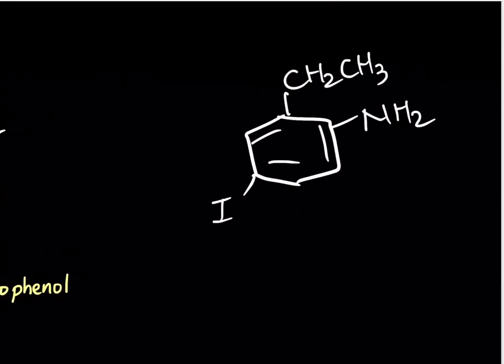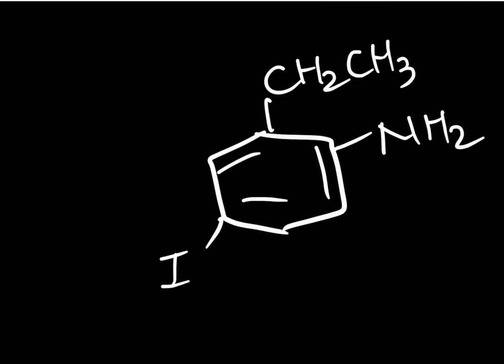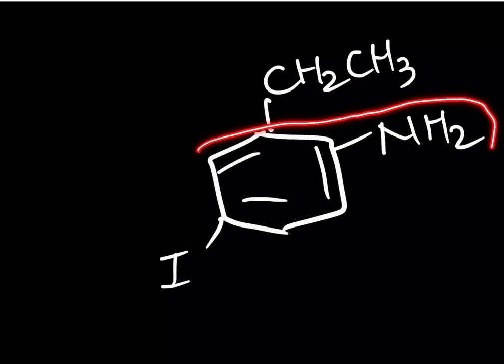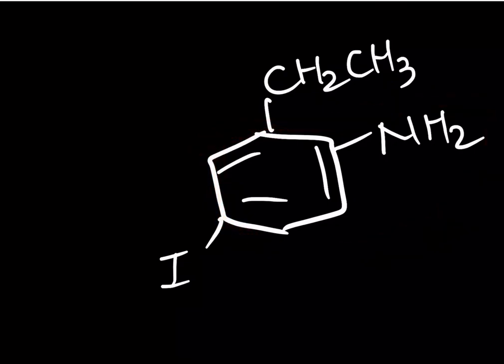Now let's go on to our third problem, which is right here. Okay, what's the name for the compound when you have an amino group on a benzene molecule? It's actually called aniline. Okay, so the structure, this is going to be aniline. So by default, this is going to be position number 1.